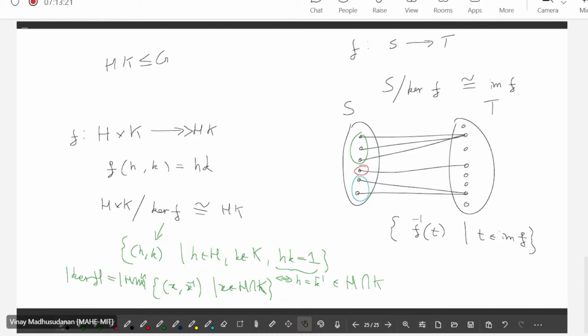It has to partition S. Or in general, I can define an equivalence relation on S as follows: S1 is equivalent to S2 if and only if their images are the same, f of S1 is equal to f of S2.